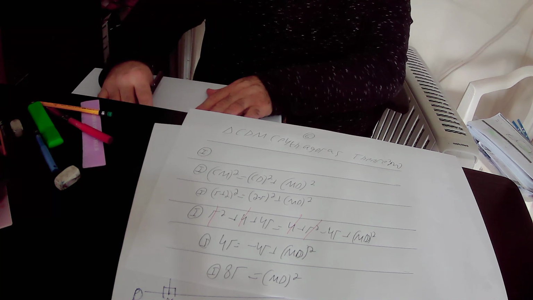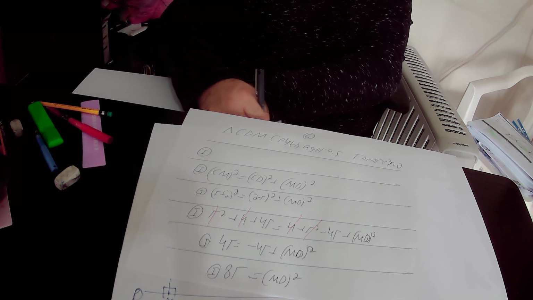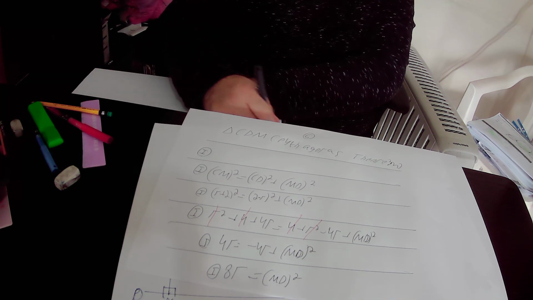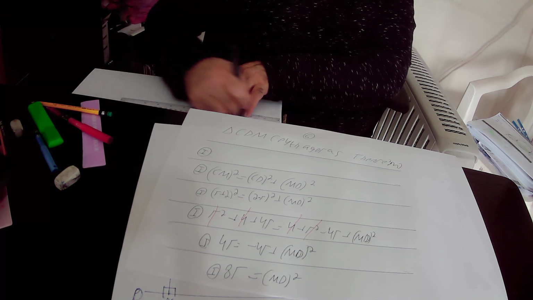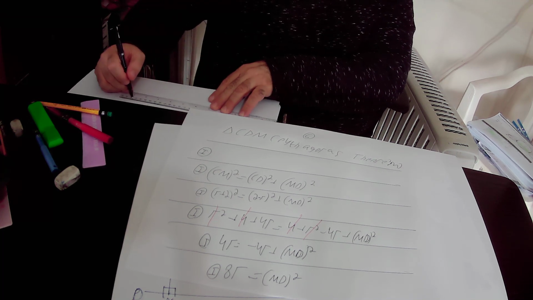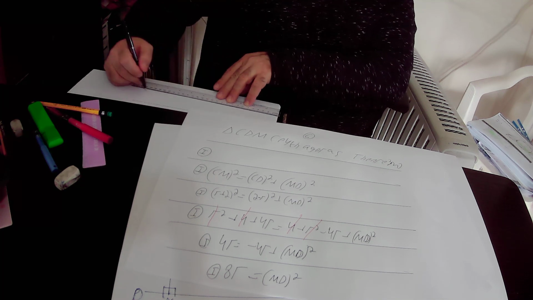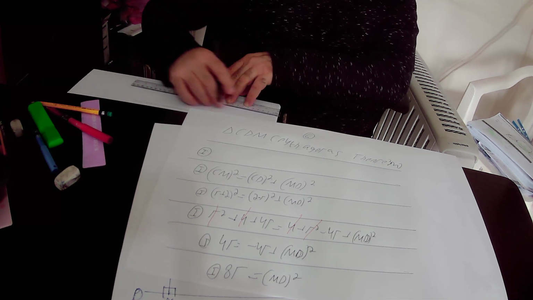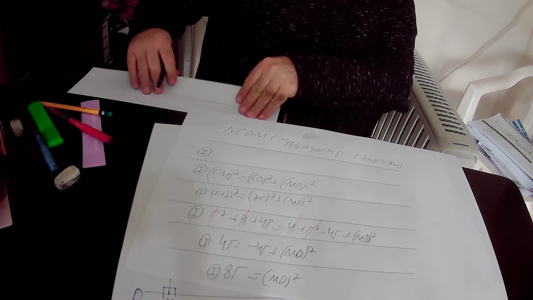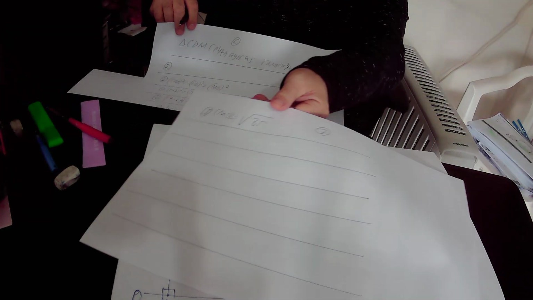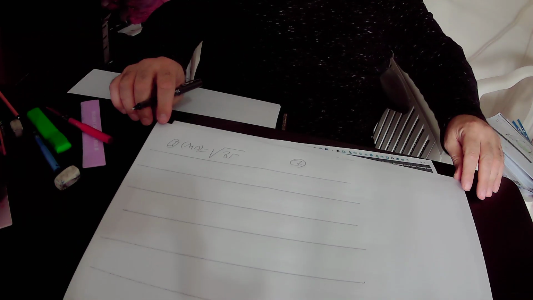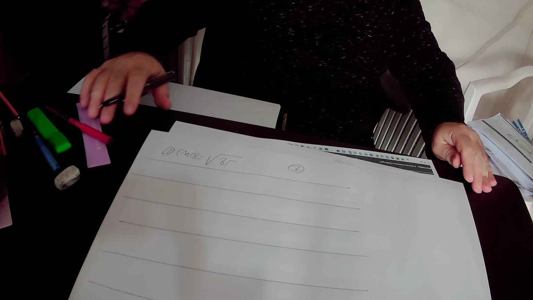Okay? So we got that MD equals the square root of 8R.